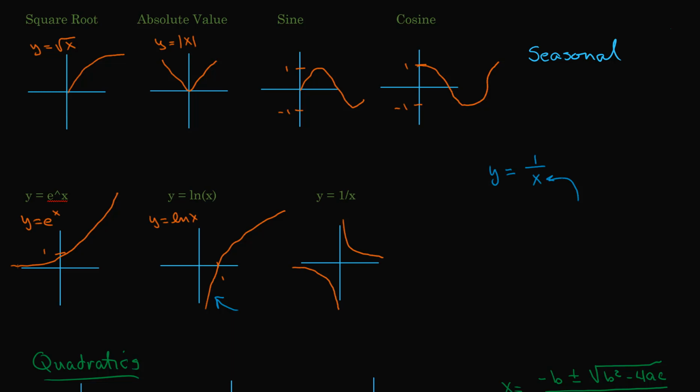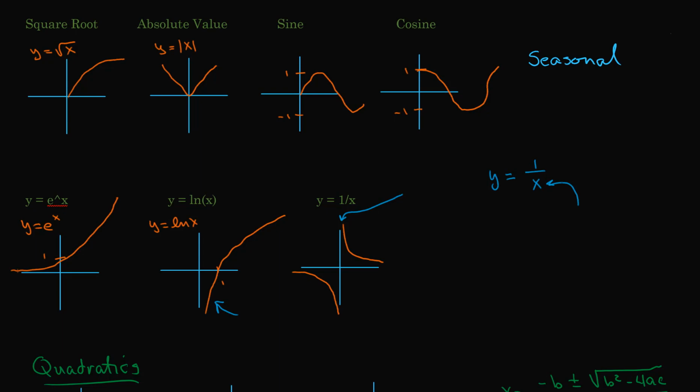We're going to work a little more with domains as we move forward. If you tried to put in x equals 0, the function would be undefined. This is why the function on both sides of the y-axis runs asymptotic to the y-axis, because as you get closer and closer to x equals 0, the function is either headed to negative infinity or to positive infinity.